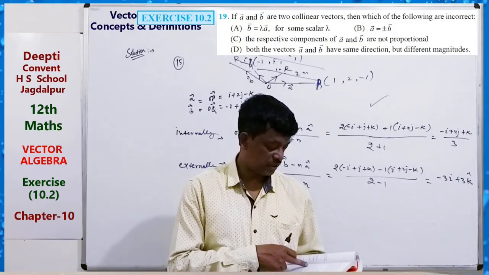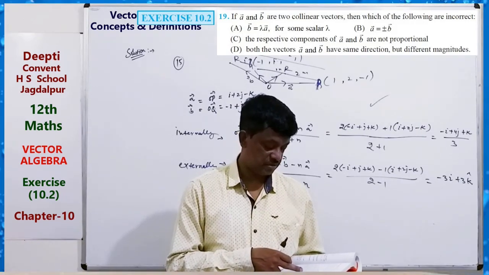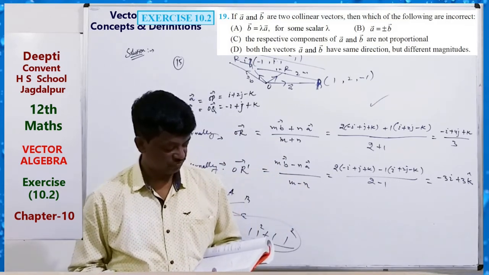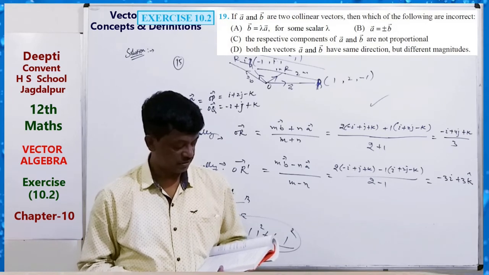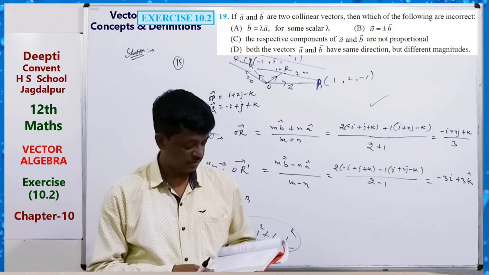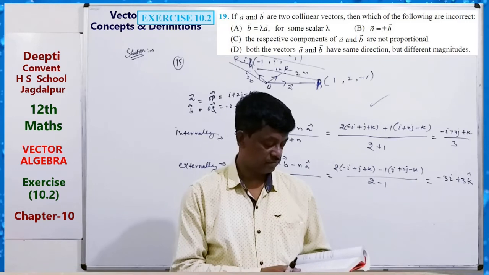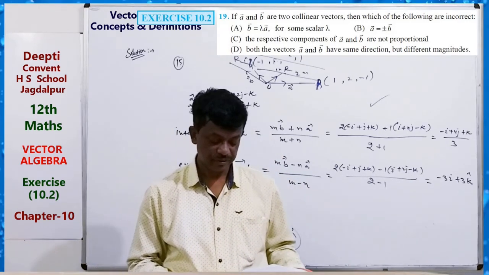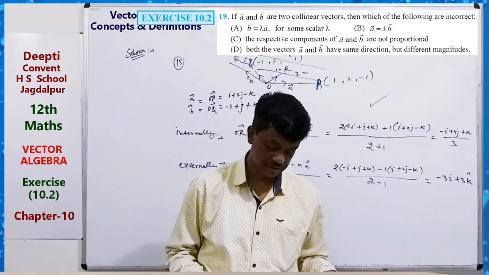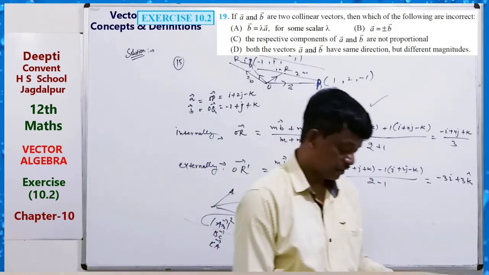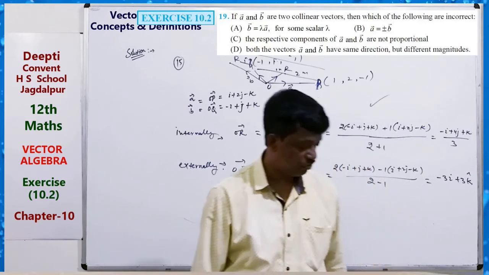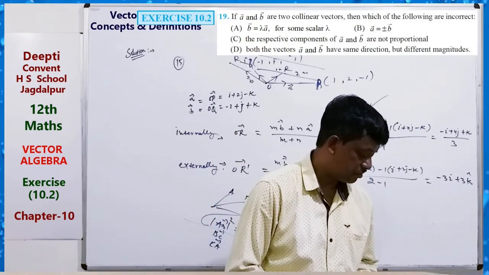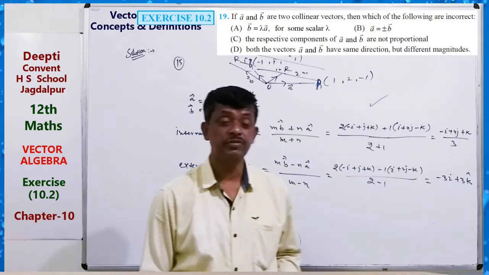And both vectors A and B have same direction but different magnitude. Maybe also equal magnitude, why not? So D is incorrect.